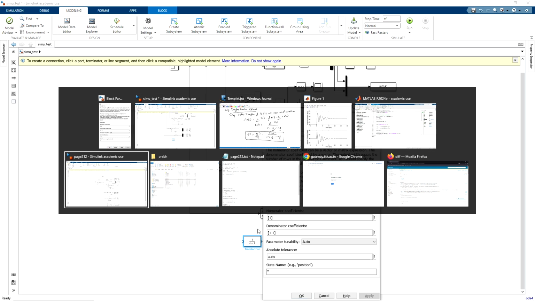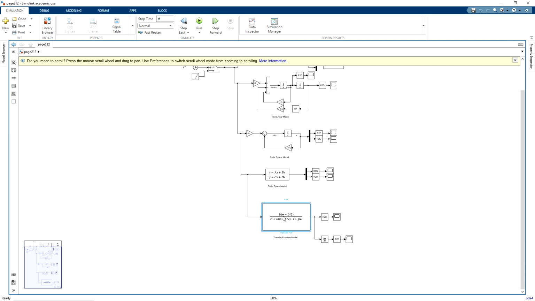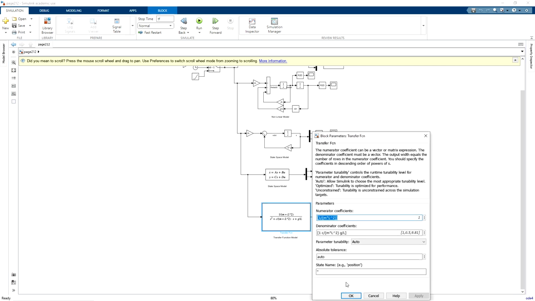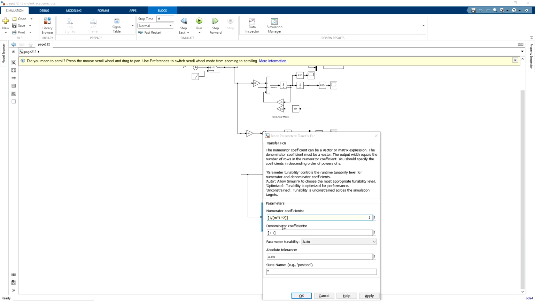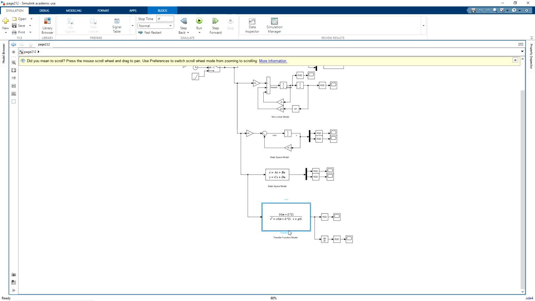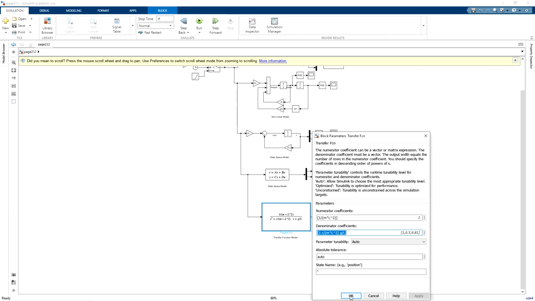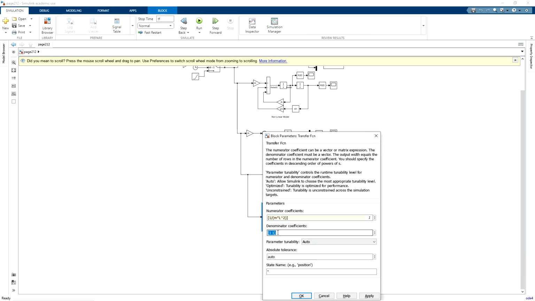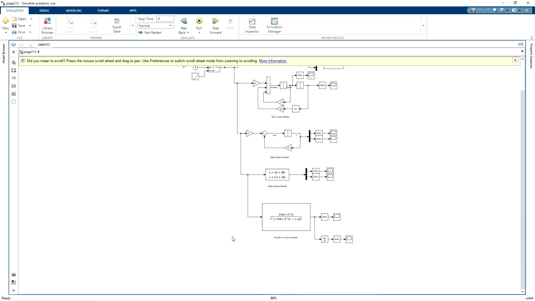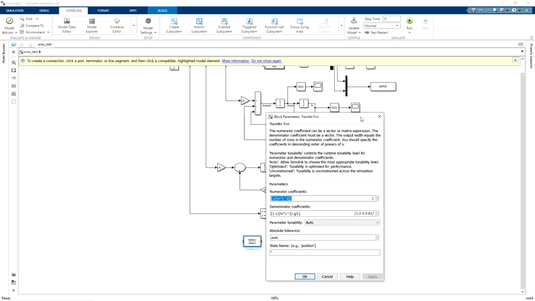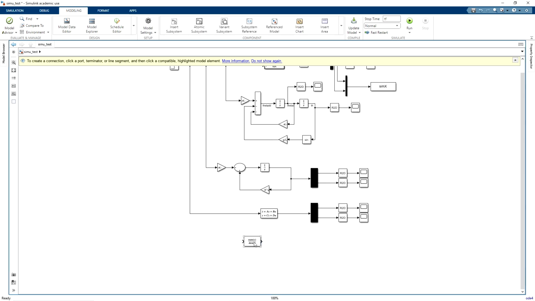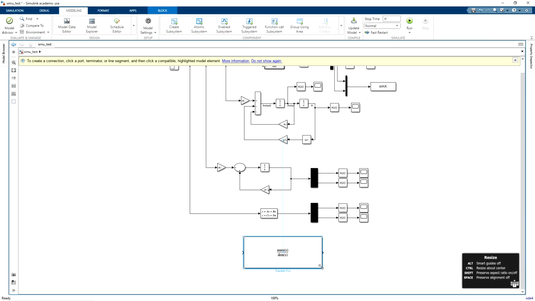I have written it already earlier. Apply, okay. Apply and okay. All right. Let me make it a little bit bigger. All right. Okay.